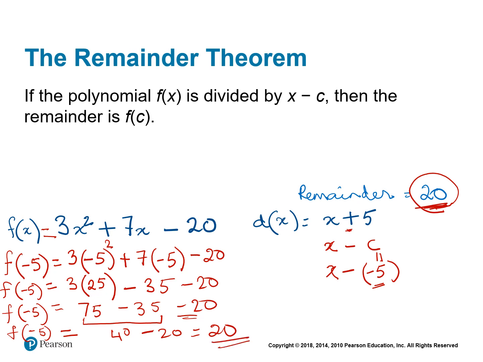It just says that if you evaluate the dividend using c as an input value, then you will come up with whatever the remainder is from the long division process, or synthetic division, from the polynomial division process, really.